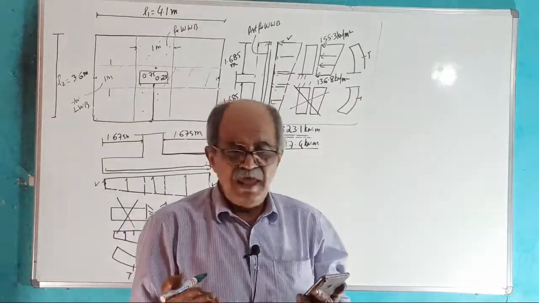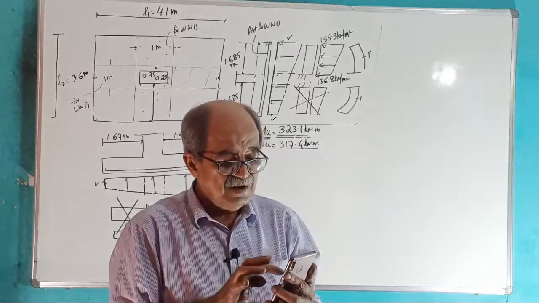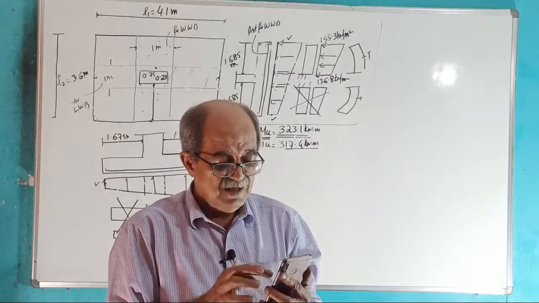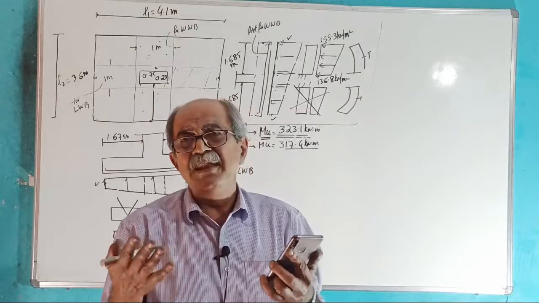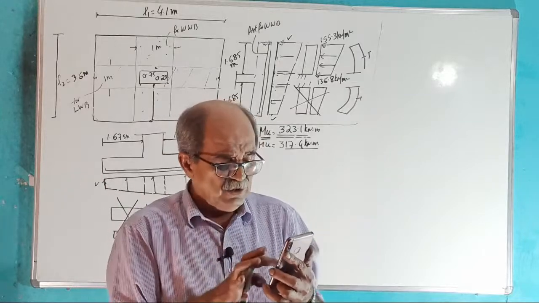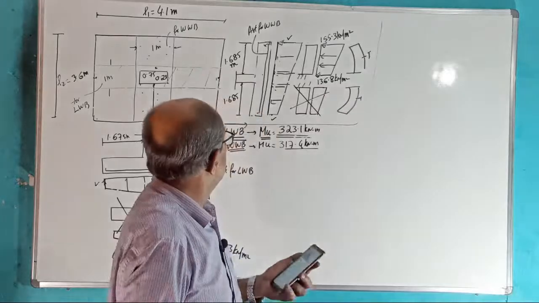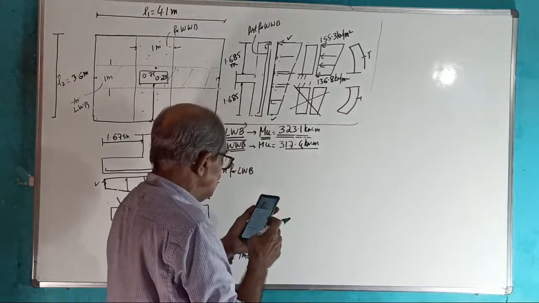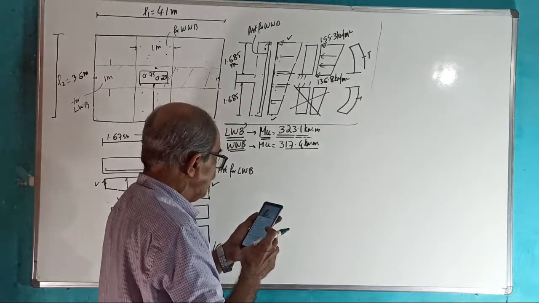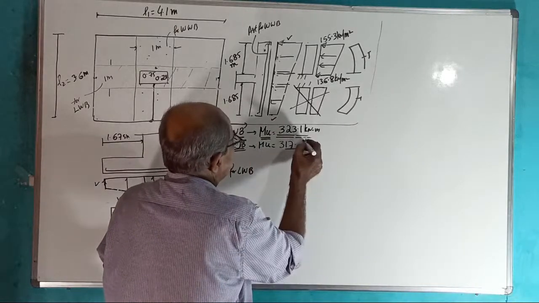If you had taken a screenshot, all this problem would have been eliminated. Okay, what to do? Helpless. Now see, I am telling 317.4. Some are telling 317.55. Okay, 317.6. I put it.